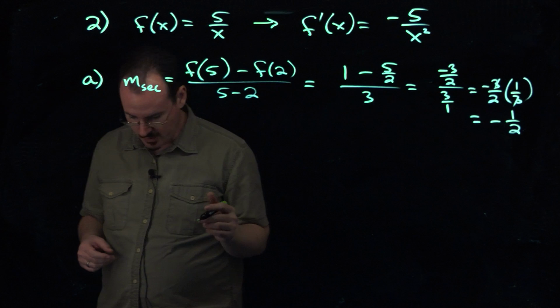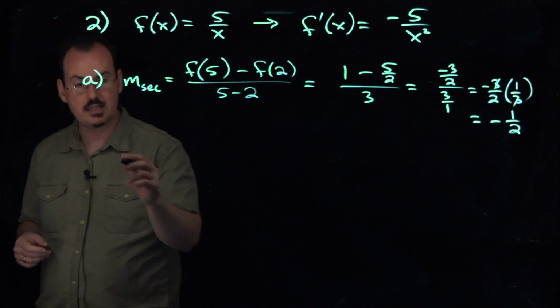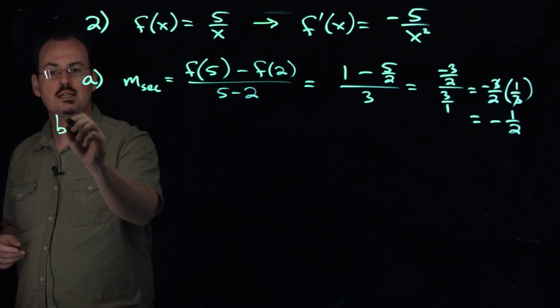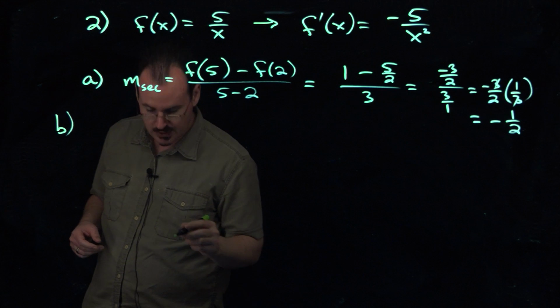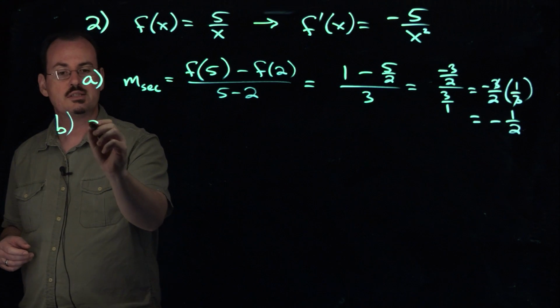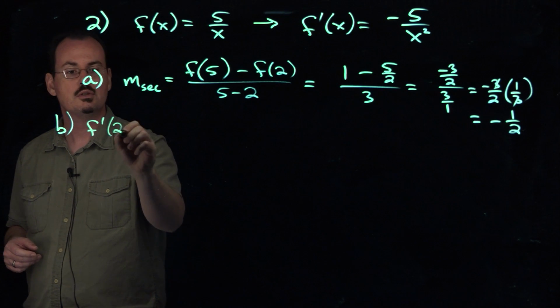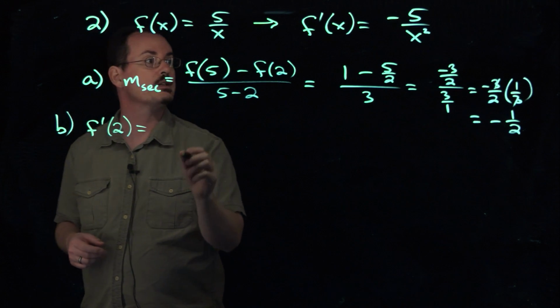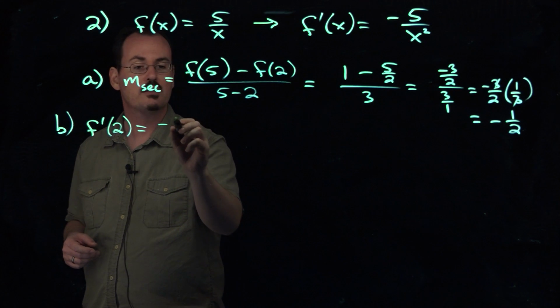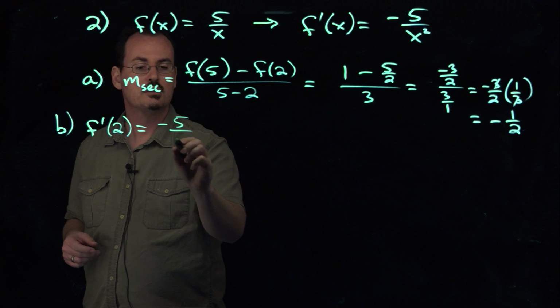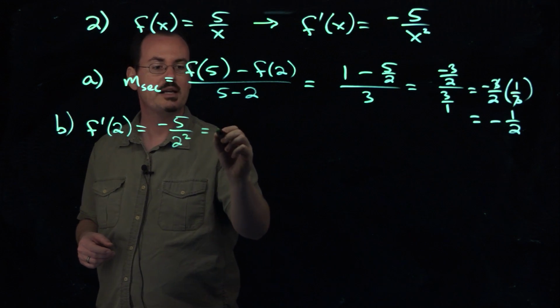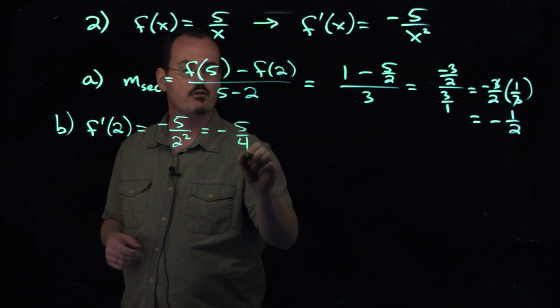And then for part B, we want to find the equation of the tangent line when x is equal to 2. For that, we're going to need to know what f prime of 2 is. To do that, I just plug 2 into the derivative, so minus 5 over 2 squared. That's going to be minus 5 over 4.